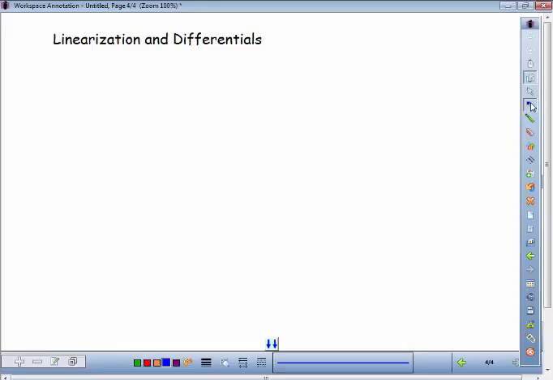Linearization is one of those things where you're using a line to estimate your graph.